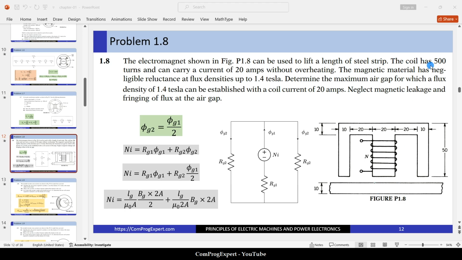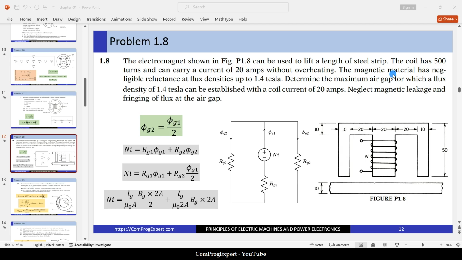The coil has 500 turns and can carry a current of 20 amps without overheating. This means that the thermal design is considered in this coil, and we don't worry about overheating. It can tolerate this current, 20 amps.